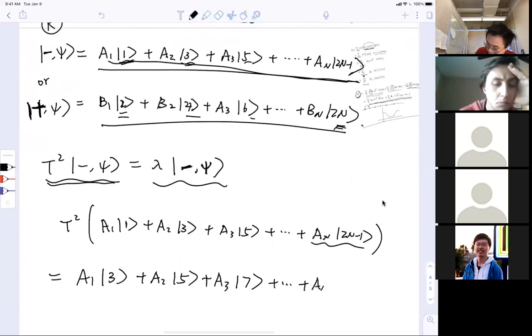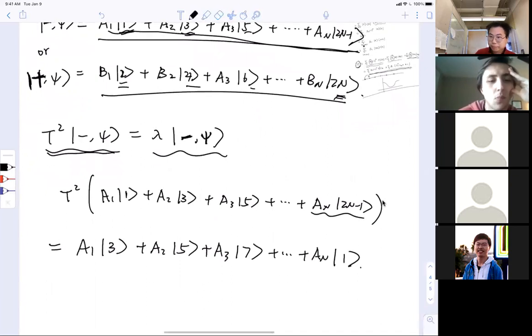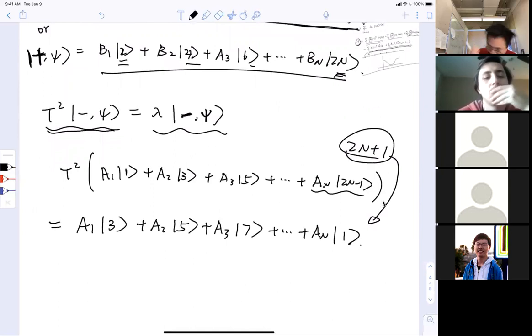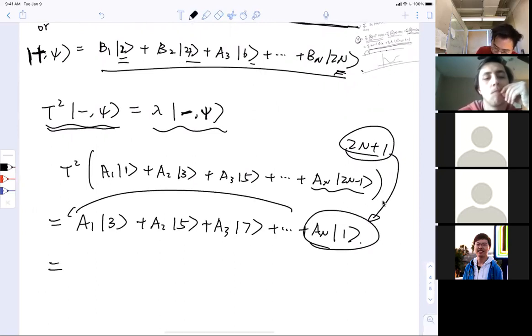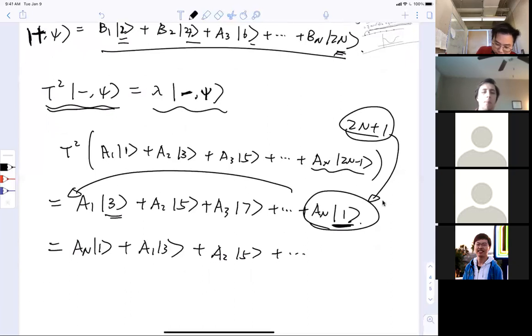And this guy, because of the boundary condition according to the problem, becomes 1, right? 2n plus 1, and this 1. So I just move this term to the front. I just want to order the cats according to the number, like this. And this is the left-hand side.